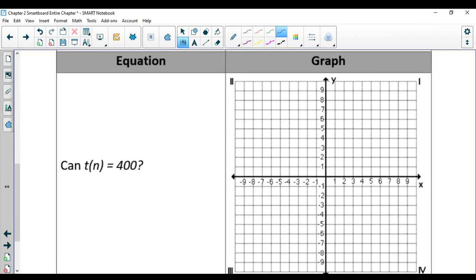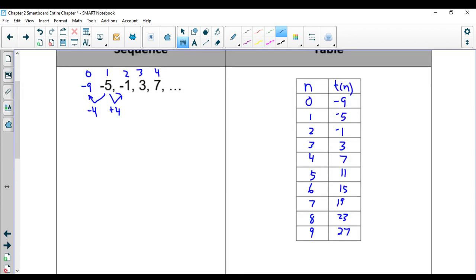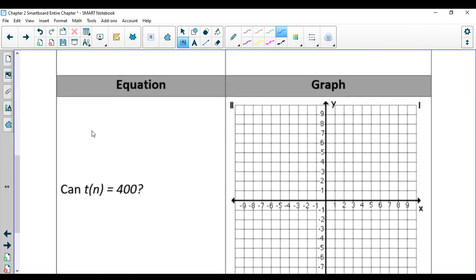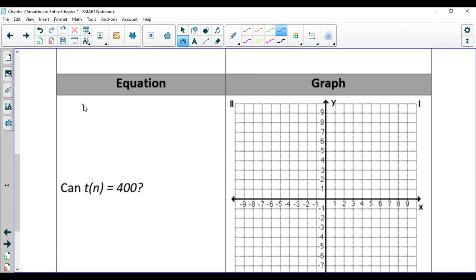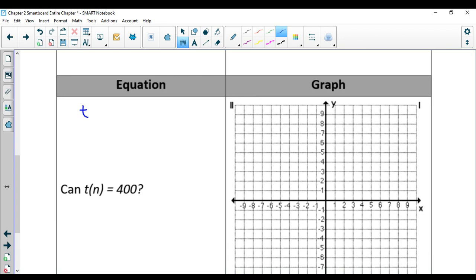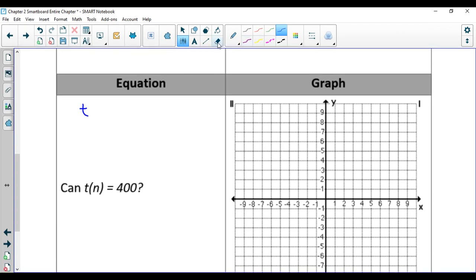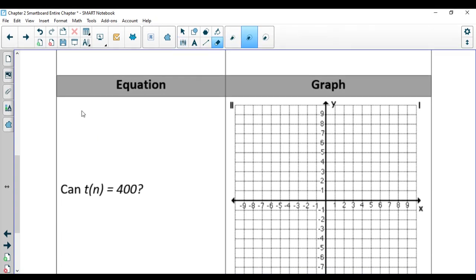All right, so what would our equation be for this table and this sequence? Well, since it is arithmetic, we're adding or subtracting. Remember, it's going to be in the y equals mx plus b form.